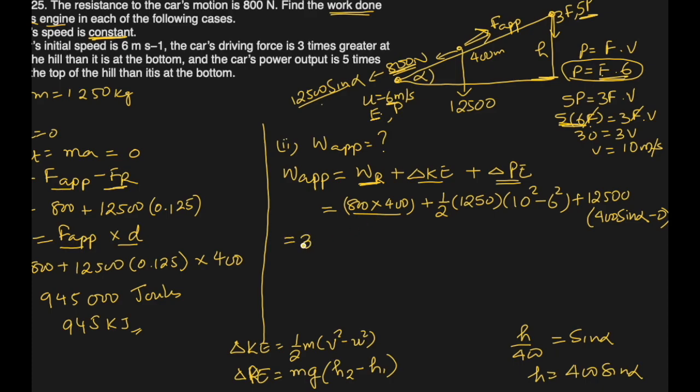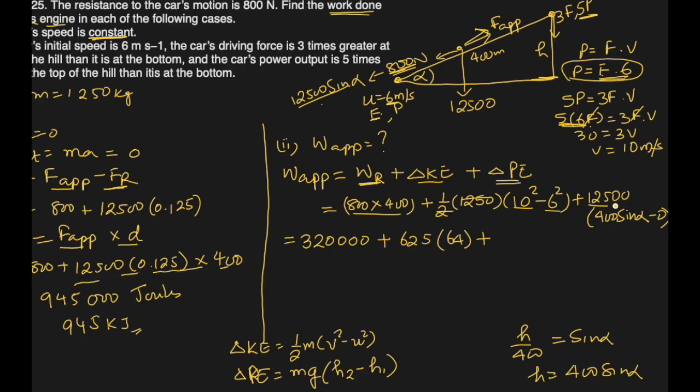We can use calculator for this, but as much as I can do with mental math, I will do it. So this will be 625. 100 minus 36 will be 64 plus, and this was already done here, if you remember.